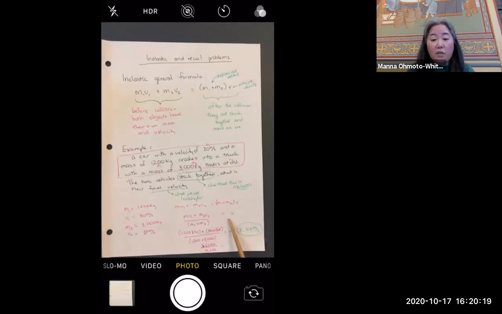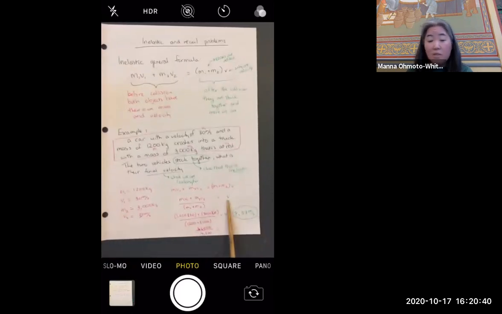I want to solve for this V, so I divide both sides by, in parentheses, M1 plus M2, and I bring it down here. I'm not subtracting one of them. This V is multiplied by both, so I have to treat this like it's one thing. I'm dividing both sides by the quantity M1 plus M2.